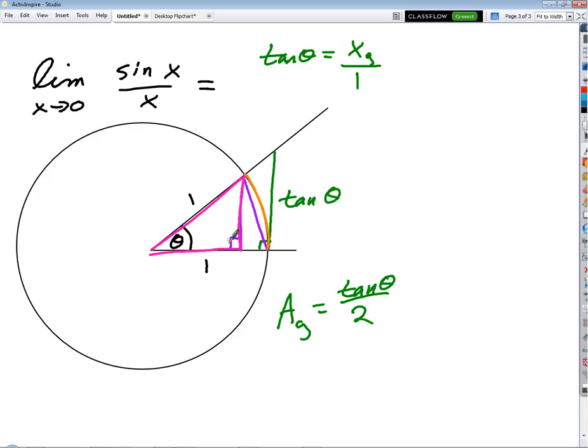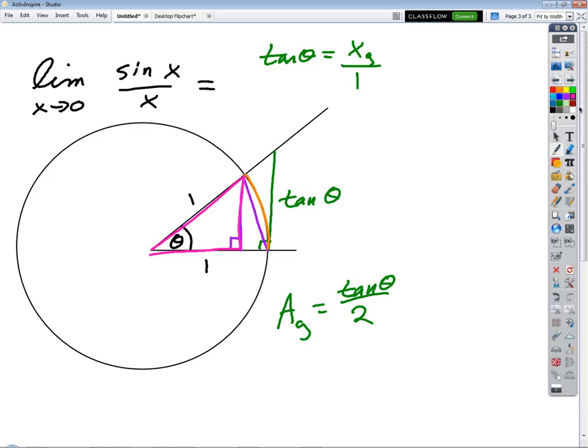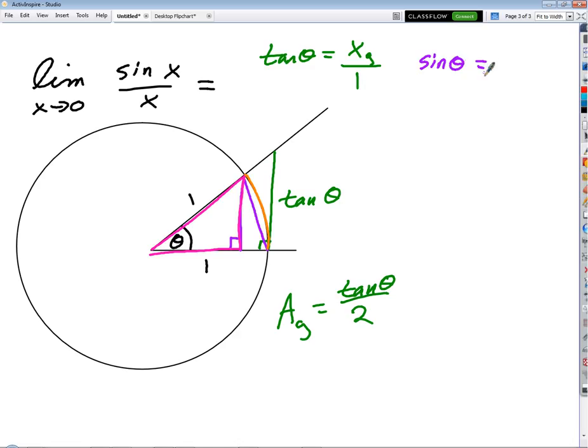So there's my angle. Opposite over hypotenuse, sine. So we know that sine theta equals opposite, which we're going to call x sub p for purple, divided by hypotenuse, which is 1.